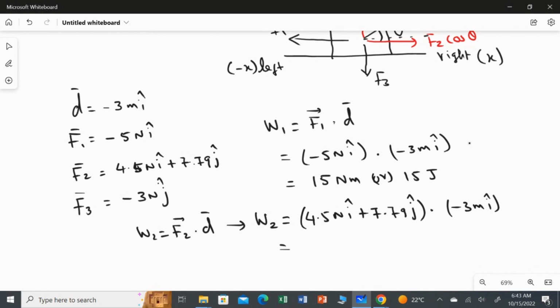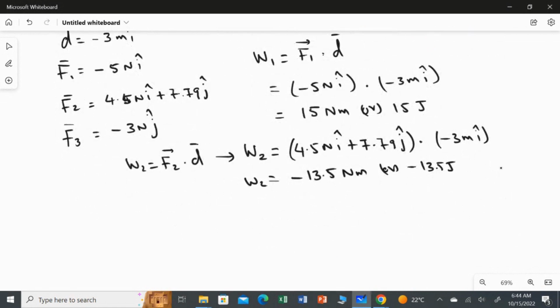So we no need to worry about the second part. Only I'm going to multiply 4.5 with minus 3. So 4.5 multiplied by minus 3 gives the answer of minus 13.5 Newton meter, or minus 13.5 joules. So this is the W2.